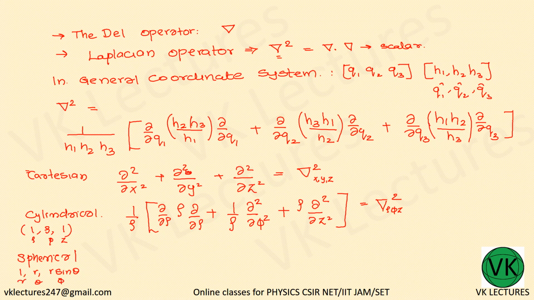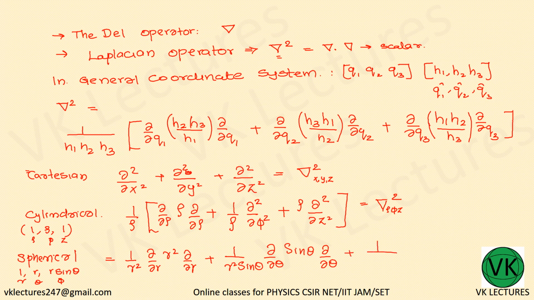Okay, so del square can be written as 1 by r square dou by dou r of r square dou by dou r, plus, this is the simplified form, plus 1 by r square sine theta dou by dou theta of sine theta dou by dou theta, plus 1 by r square sine square theta dou square by dou phi square.